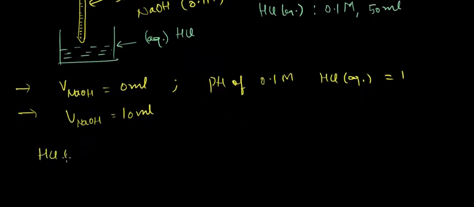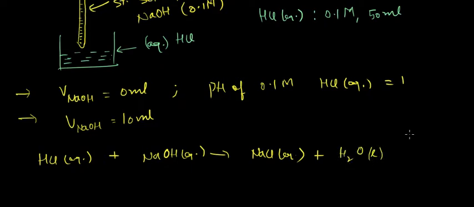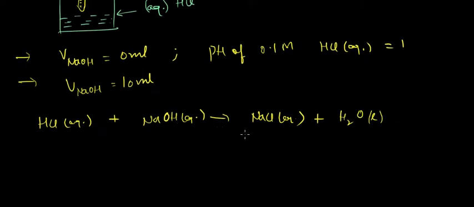So the reaction goes as follows: we have aqueous HCl plus aqueous NaOH forming NaCl aqueous plus H2O liquid. So let's say initially we have millimoles of HCl.